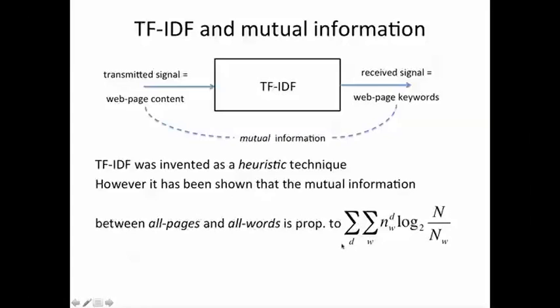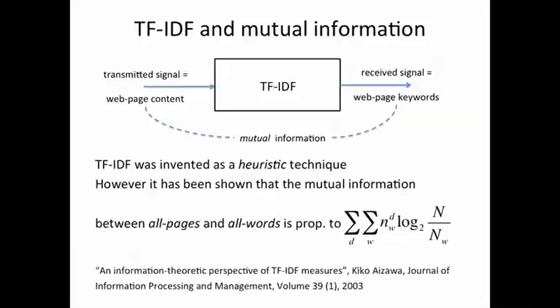So if you take every word in the collection, compute its TF IDF, and add that up across all documents and all words, you'll get the mutual information between all words and all pages. This is certainly very interesting because it puts this fairly intuitive heuristic technique on a firm mathematical footing.